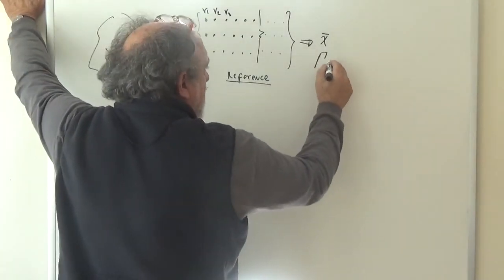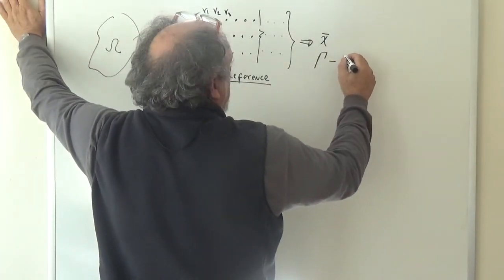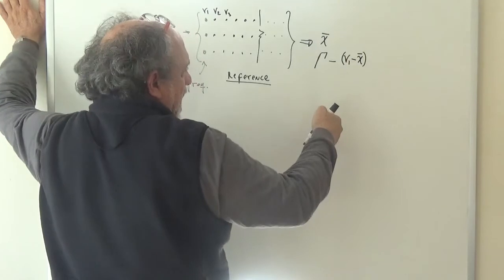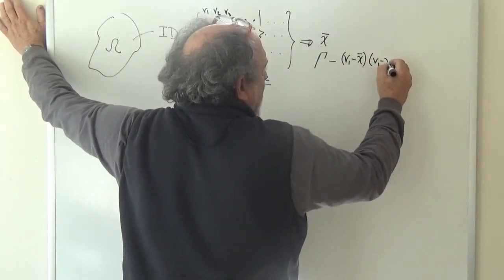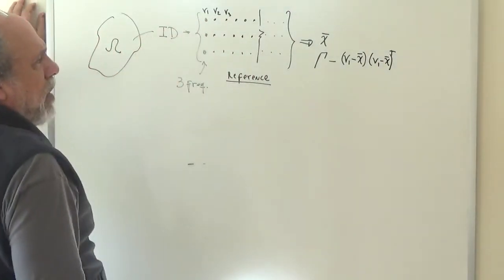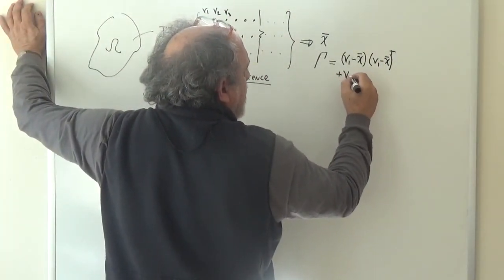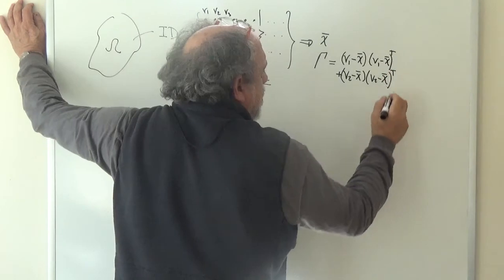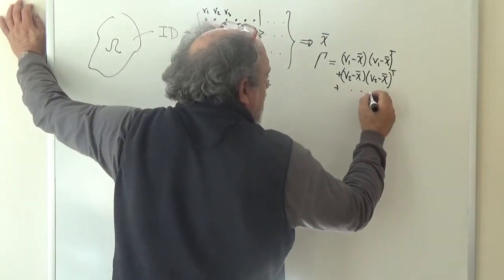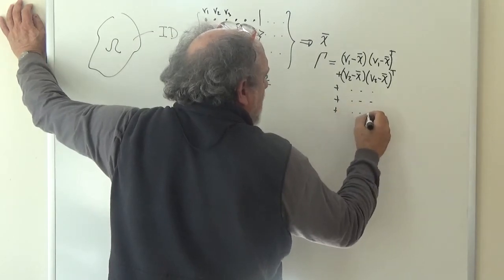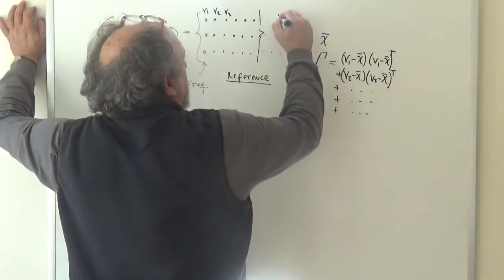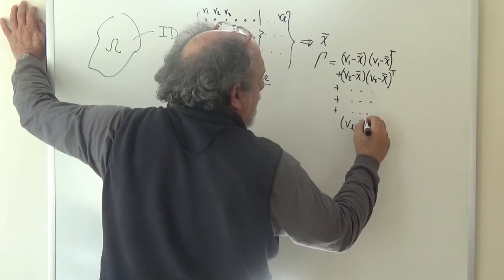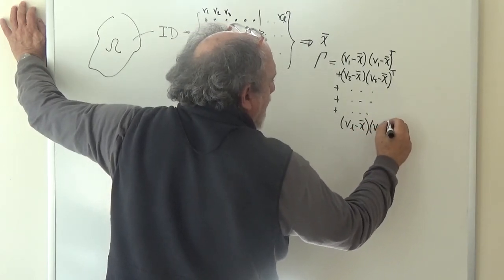To calculate this, I would say something like this: v1 minus the mean, that's a vector, times v1 minus the mean transpose, plus v2 minus the mean times v2 minus the mean transpose, plus v3, v4, v5, v6, and let's say this is vl, so plus vl minus the mean times vl minus the mean transpose.